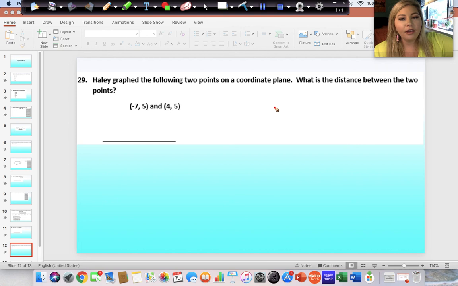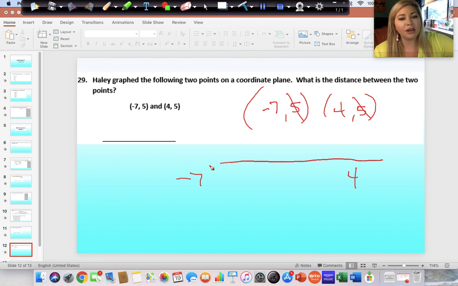If you did not, if you'll notice, my 5s are both the same. So we're not worried about the 5s. We want to find the distance between -7 and 4. And you could simply do this on a number line.